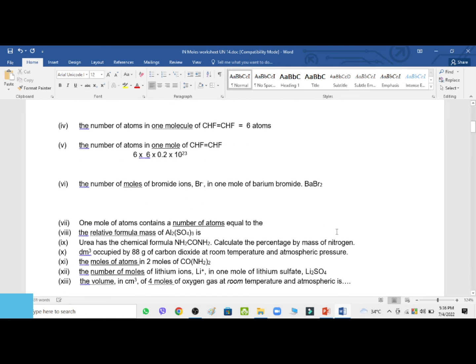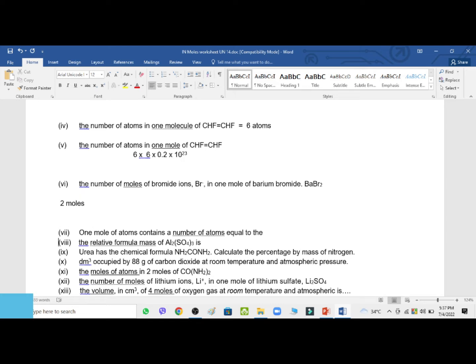So if this is 1 mole, that equals the Avogadro number, and in the Avogadro number, bromide will be double. The question is not how many bromide ions, it's how many moles. So the moles will be 2. This is 2 moles.